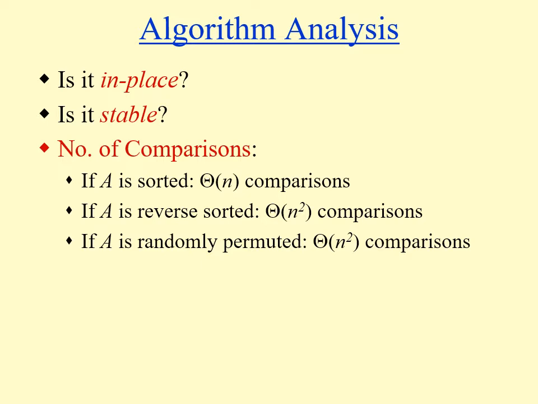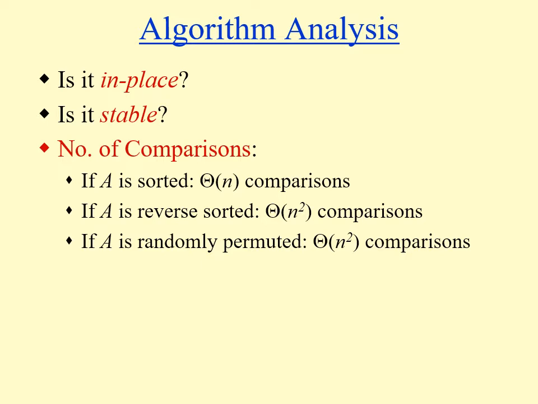So that means it's stable. We will not change the relative order. We will still insert the key after that location. For example, if an element is equal to the key, we insert the key after that element. So it is stable.